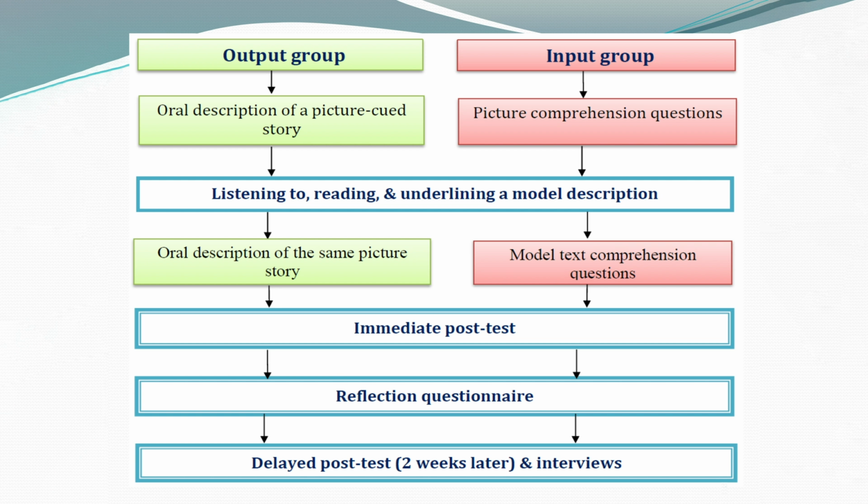They listened to, read and underlined a sample description, and then they re-described the picture story, took an immediate post-test and a debriefing questionnaire, and then took a delayed post-test 2 weeks later. The input group, or comprehension-only group, followed the same steps, but instead of describing a picture story, they answered comprehension questions.